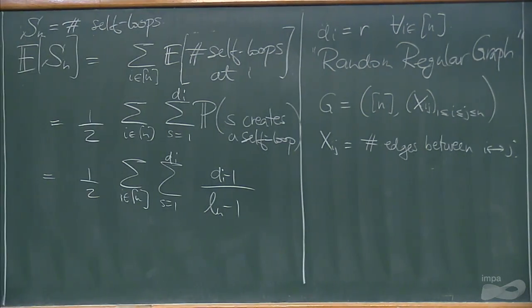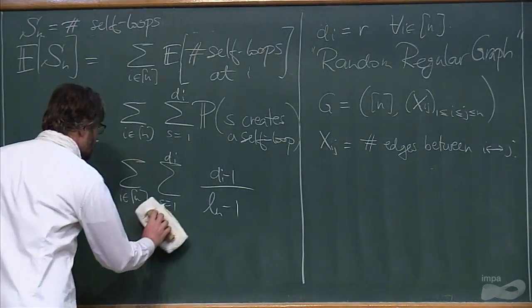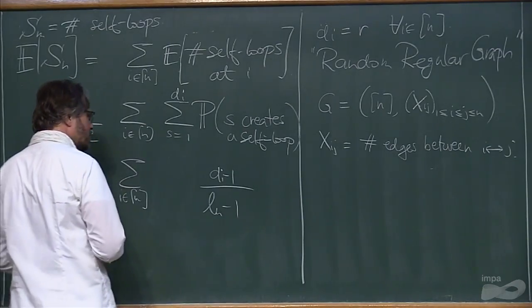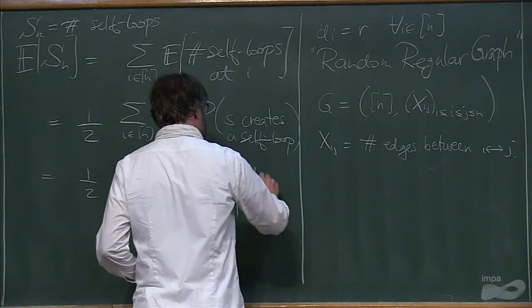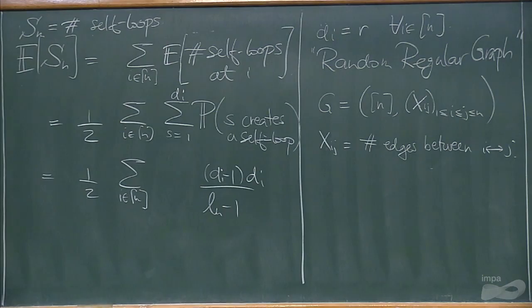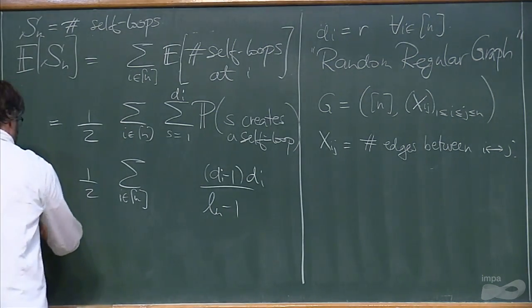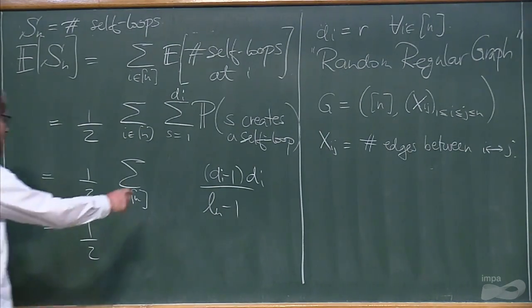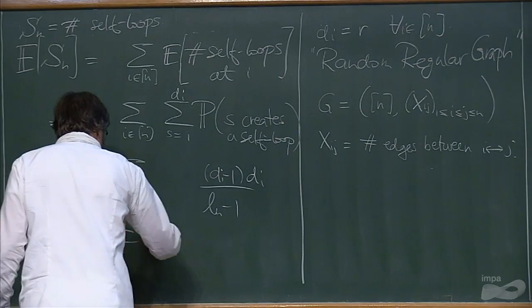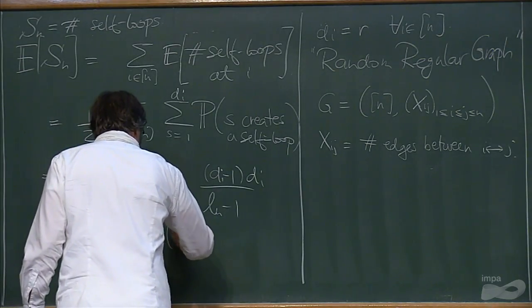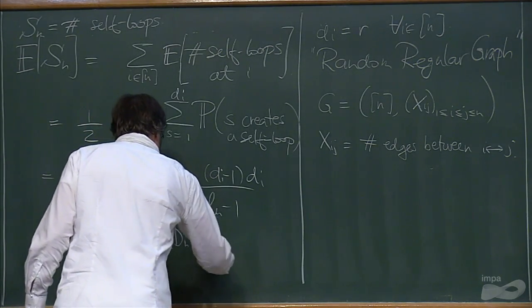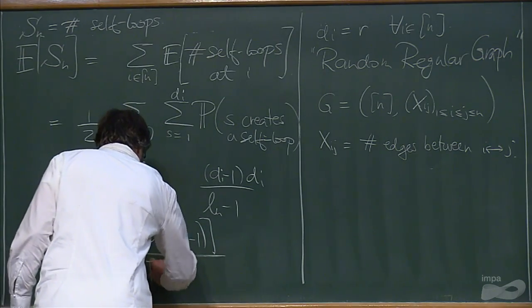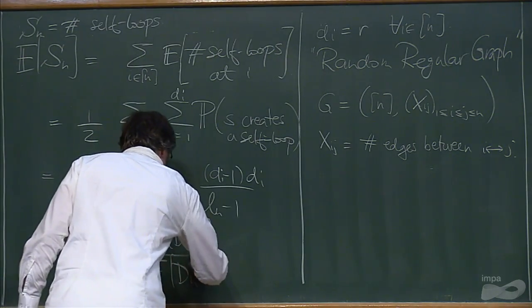Well, that doesn't depend on S. So I might as well rub that out and multiply that simply by d_i. Now, in terms of the capital D_n, which is the degree of a uniformly chosen vertex, this is nothing but the expectation of D_n times D_n minus 1 divided by the expectation of D_n.